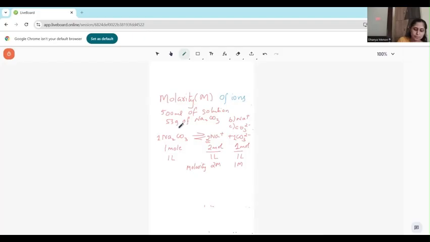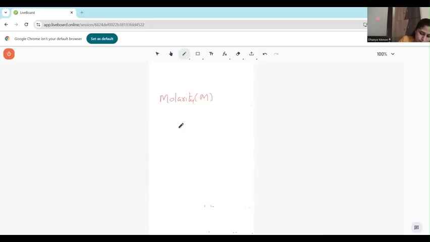Now the next one we will deal with is molarity of dilution. You will know the meaning of dilution. Dilution means adding more of the solvent to dilute it, to increase the volume.